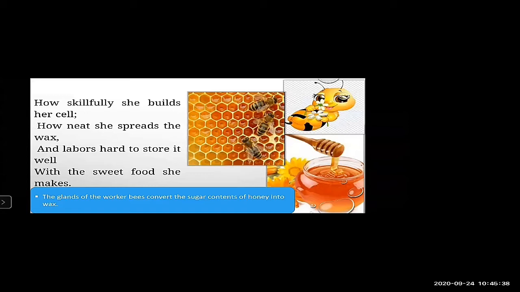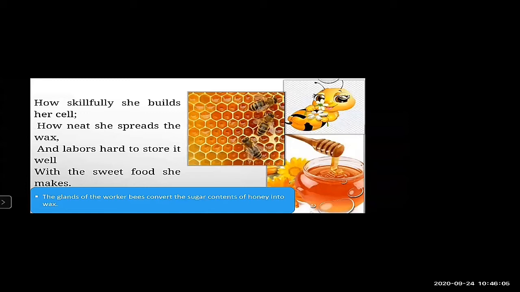So this was a poem about a busy bee, and we saw how she's hardworking, how she constructed her work. Even after being a very small creature, the honeybee is working hard to do her work, to collect honey, to store food for her, to produce food for her.